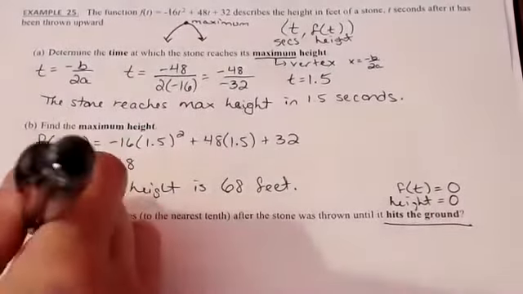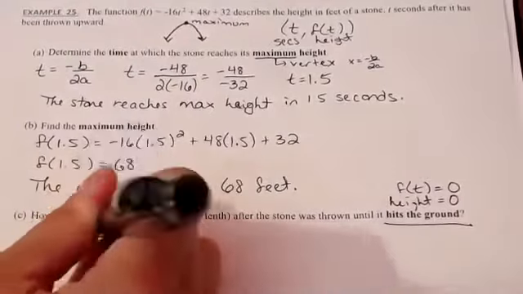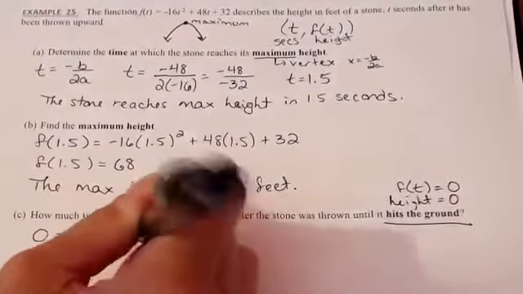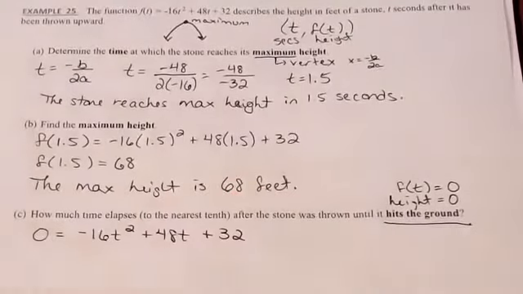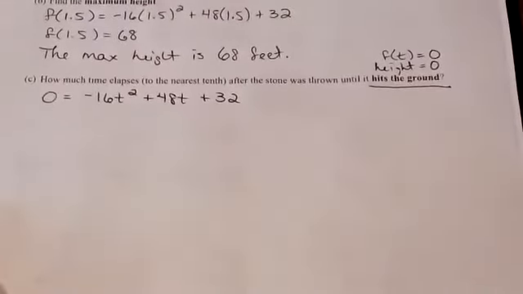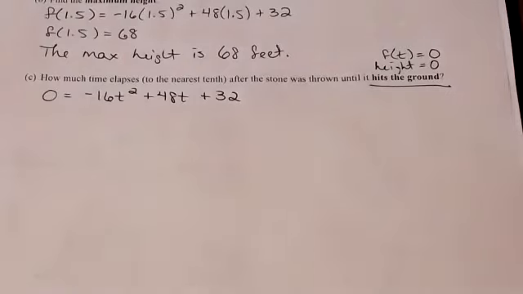So we're going to write 0 is equal to negative 16t squared plus 48t plus 32. I would love some strategy. What might be something that will make all of our lives easier? What can we do mathematically?